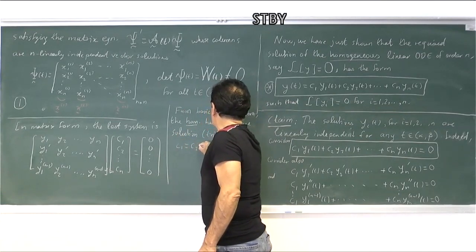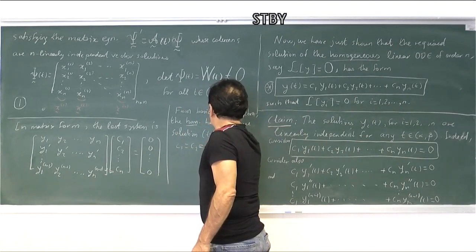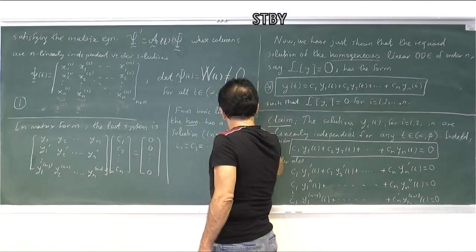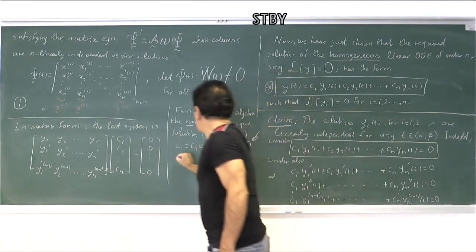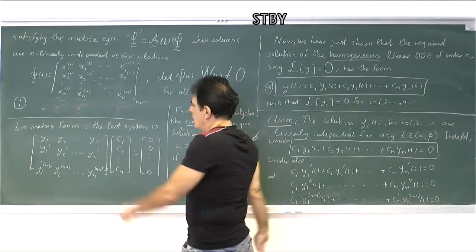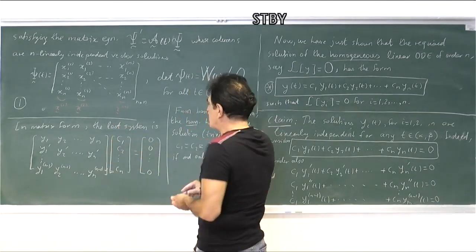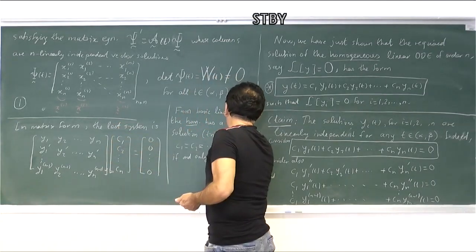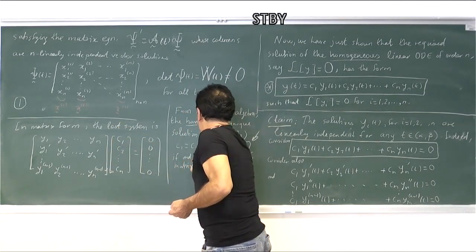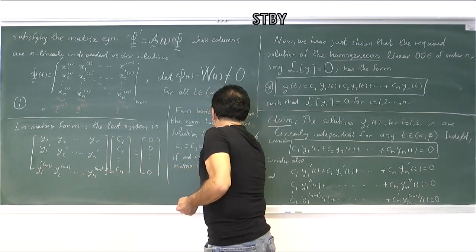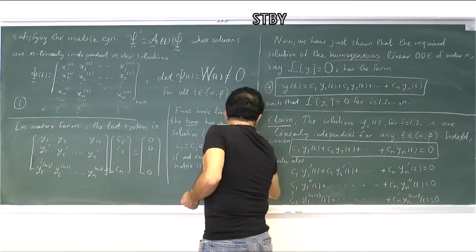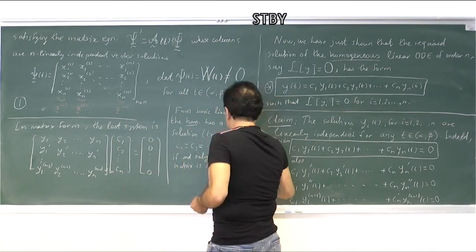C1, C2, Cn are all zero, okay? If and only if the coefficient matrix is invertible for some t0.